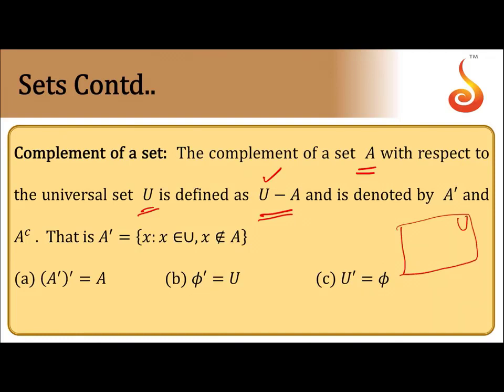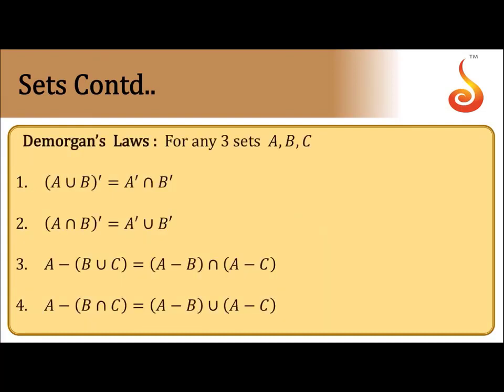For example, in the Venn diagram, this is the universal set and I am taking one set A. The set of all elements which do not belong to A, that is the universal set minus A, is the complement of the set. The complement of the complement is A itself. The complement of the null set is the universal set, and the complement of the universal set is the null set.